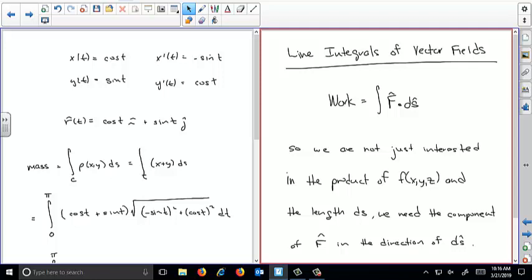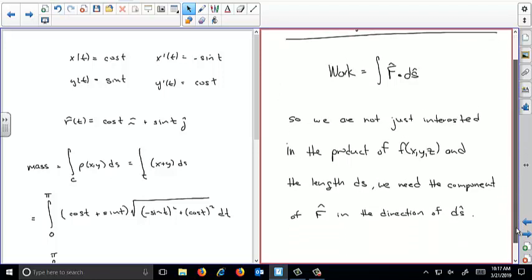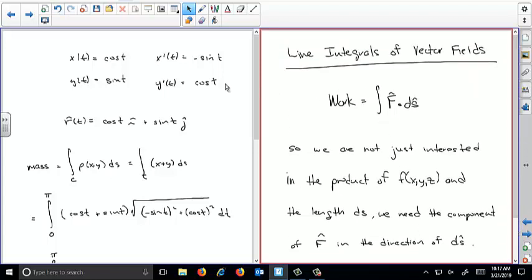So we're not just interested in the product of the function f of x, y, z, which would be the force vector, and the length ds. We need the component of the force vector in the direction of this ds vector. So the question is, how do you do that?